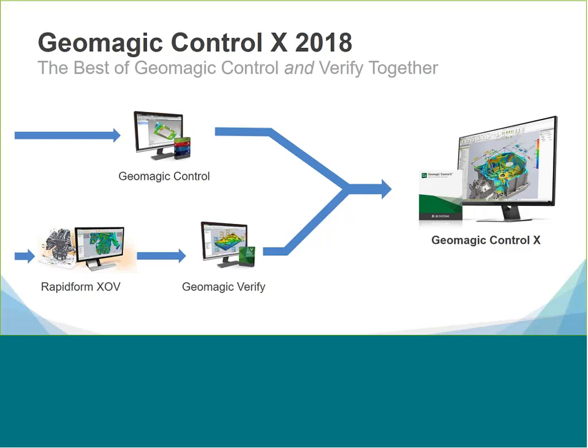But we also worked hard in the background to take the very best of Control and combine it with the very best of Verify, the former RapidForm XOV, and the result of that is Control X. It's taken a lot of effort from some very talented people, but we're now proud to show you Control X 2018, which is the second version of Control X that thousands of people have already adopted.